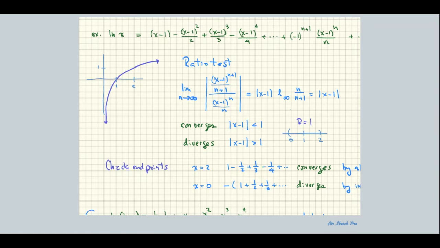Now, you look at this. It's alternating, right? And so the first thing you do is to make sure that the nth term goes to 0. Does the nth term go to 0, guys? Does the nth term go to 0 on these? Yes, no? Type yes for yes, no for no.